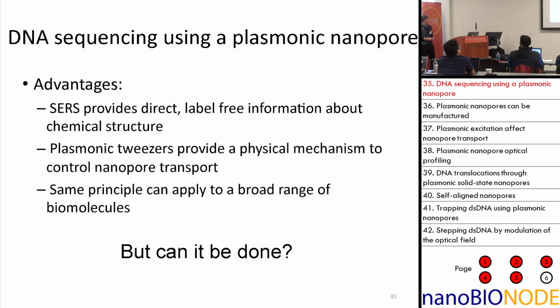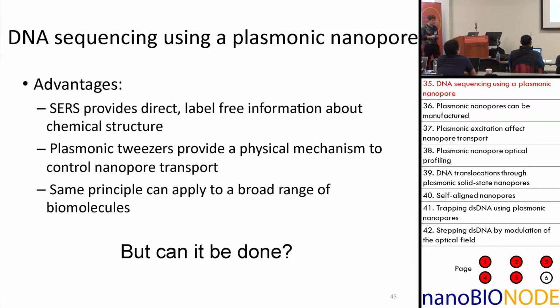So if we make it work for DNA, we'll make it work for RNA, we'll make it work for protein. If it works, it's a big deal. Although it's difficult to pull off, as you will see, it's potentially revolutionary, okay?